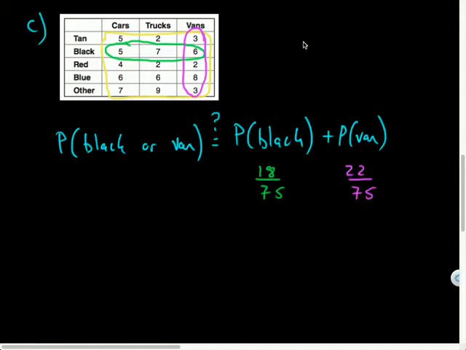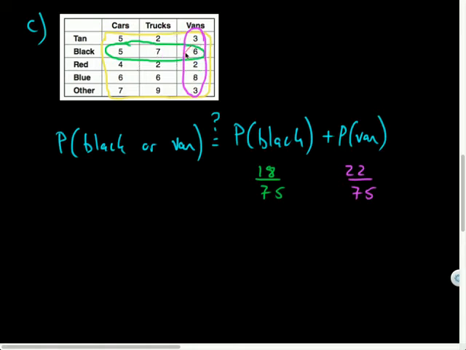Where was your issue, Christiana? Yeah, this guy right here, we counted that 6 one too many times, right? We added that twice. Because if we thought of this as a Venn diagram, we had vans and we had black.